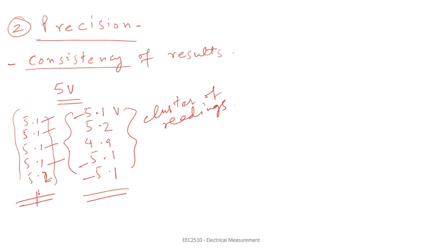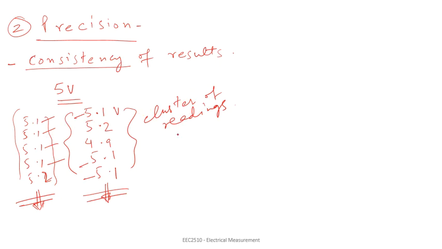So we will say that this measurement is highly precise as compared to this one. That is the meaning of the consistency of result: you are getting the same value again and again. So high precision means a tight cluster of repeated results, while low precision indicates a scattering of results.